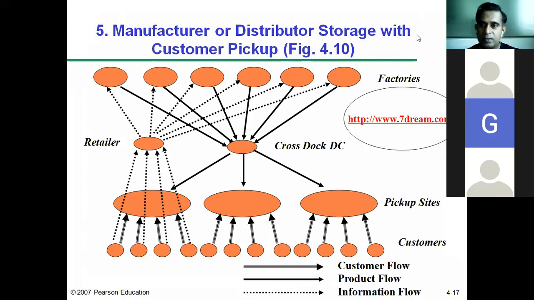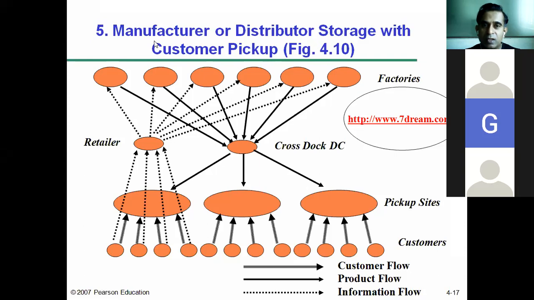So the last type is a manufacturer or a distributor storage with customer pickup. You can understand the finished goods inventory will be either with the manufacturer or with the distributor. When I say distributor, remember again, I mean intermediary.